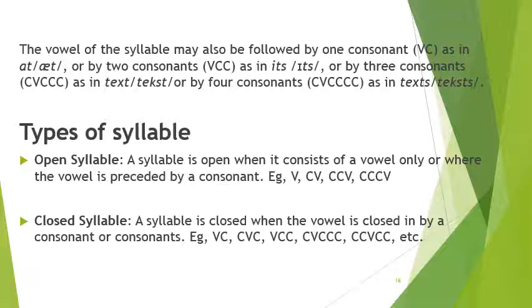So you can have it as in at, where you have only one consonant coming after the vowel, or two consonants, as in its, that is having two consonant sounds coming immediately after the vowel sound, or three consonants, that is C, V, C, C, C, as in Texas or text, or four consonants, as in texts. Based on this discussion, you can notice that we have types of syllables.